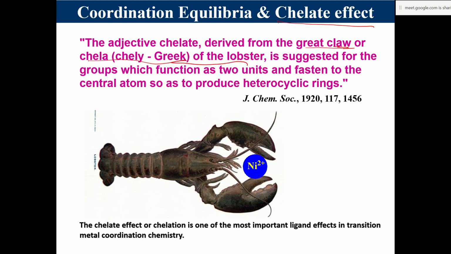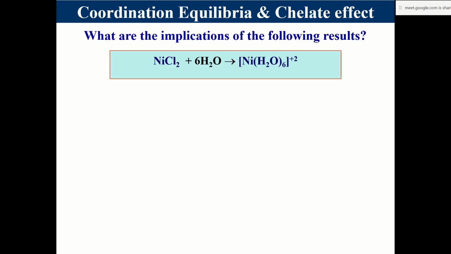The ligand's claws can be visualized as a lobster holding the metal ion with its multiple claws. This produces heterocyclic rings which tie at both ends with the metal, giving very good stability.